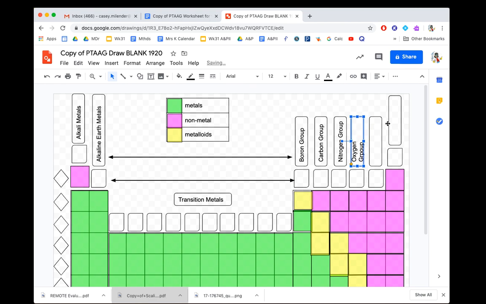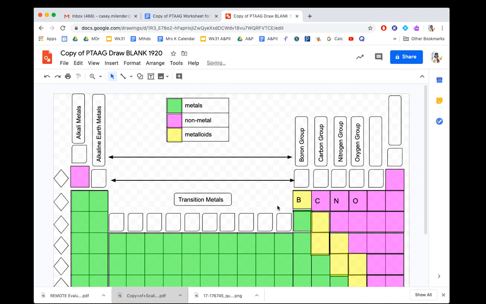And you'll say, Ms. Millender, do you expect me to memorize this? And I'll say you don't need to, because guess what element is right here? Boron, carbon, nitrogen, oxygen. So in fact, if you just look at the element in the top of each of these columns, it tells you what the group name is.